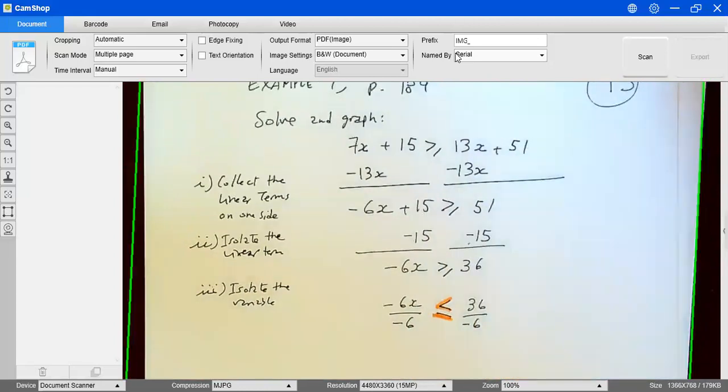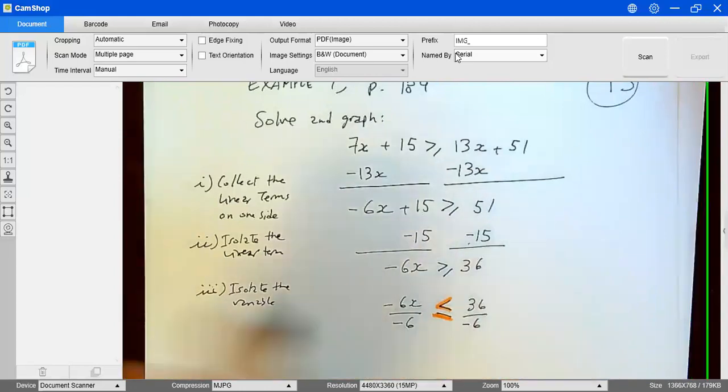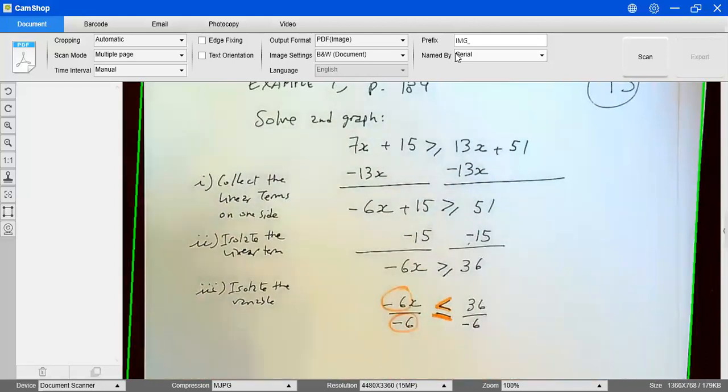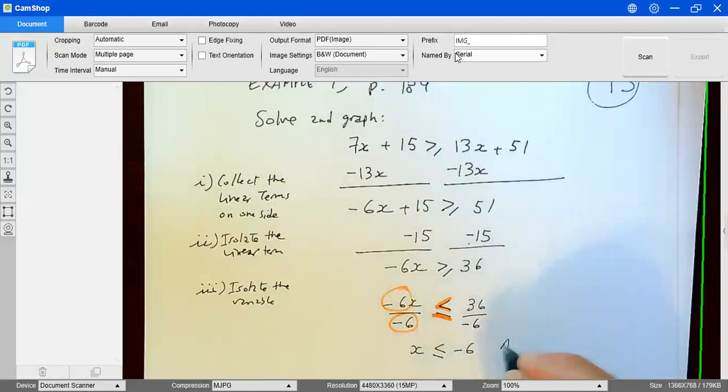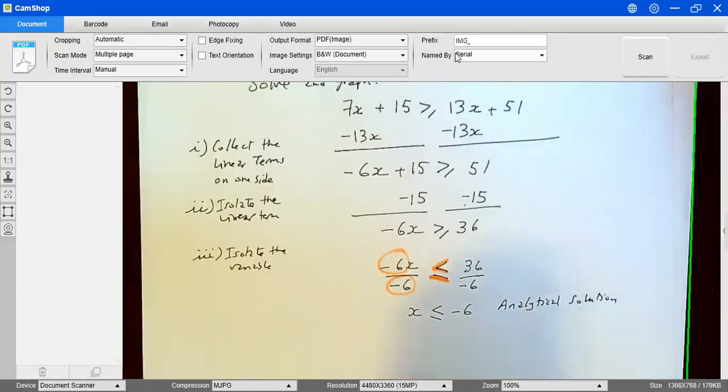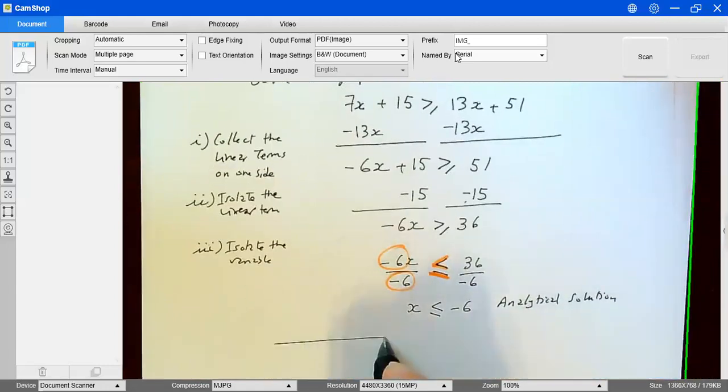Okay, we are dividing by a negative number, so we need to switch the symbol. So now we're gonna remove this -6 from here, and we end up with x less than or equal to -6. So this is the analytical solution.